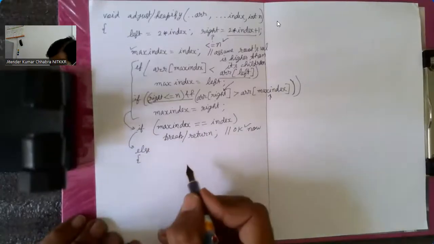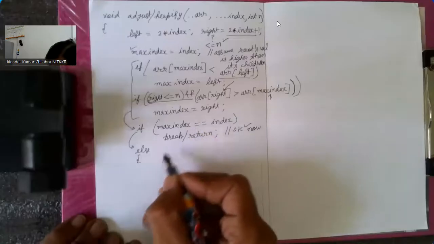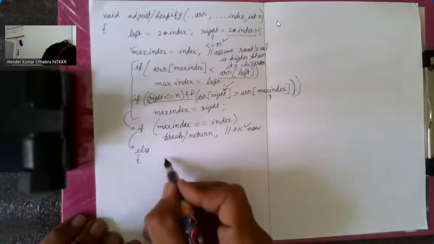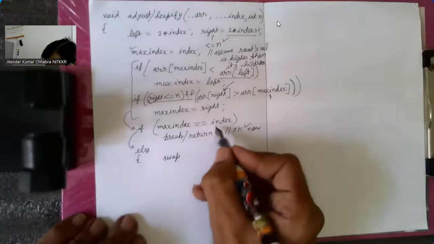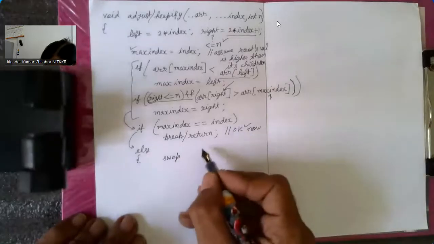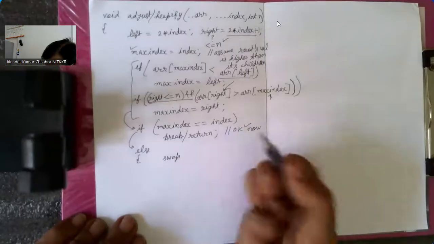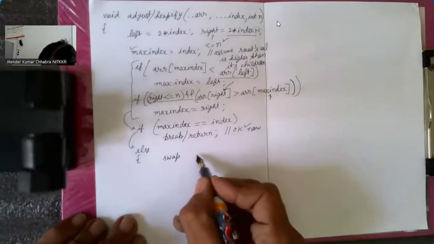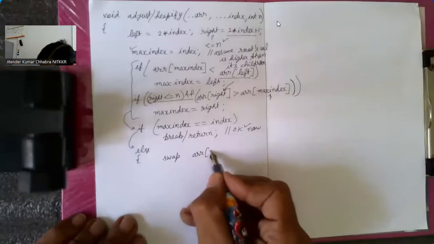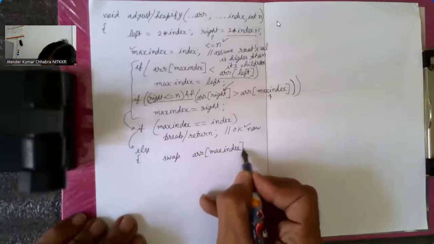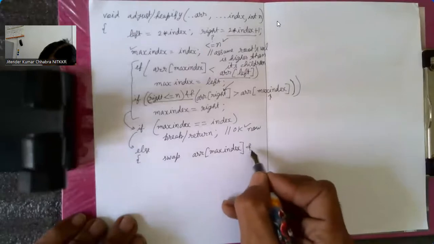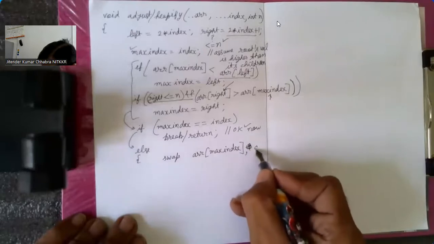I have to swap. Swap whom? The value at the max index versus the value at the index, or the value at the parent. So the parent is at max index by 2, or index also, whatever you say. So effectively, array max index versus array index.